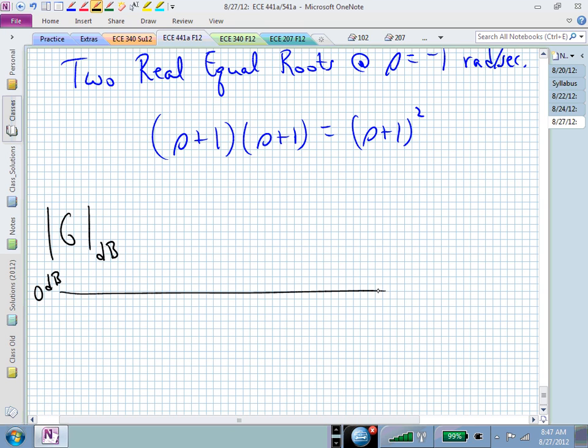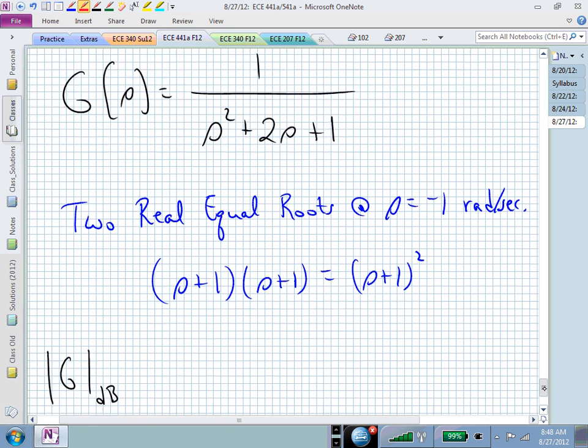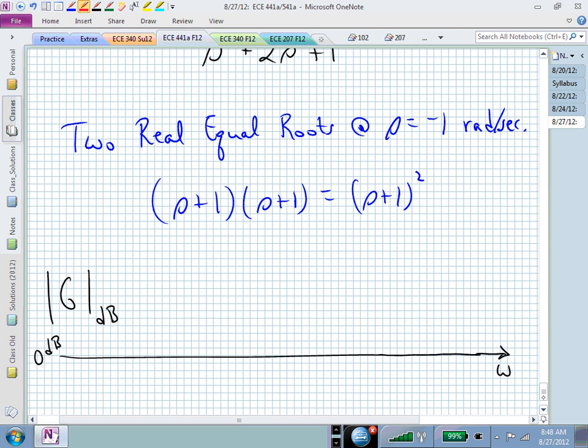So if this is my frequency axis, then I'm going to be flat at 0 dB until I reach what frequency. When I hit a pole, then I have to say, oh, I'm somewhere exciting. I'm going to have to brake. And if I'm a pole, I'm downstairs, I'm going down. And I actually have 2 that occur exactly at the same place.